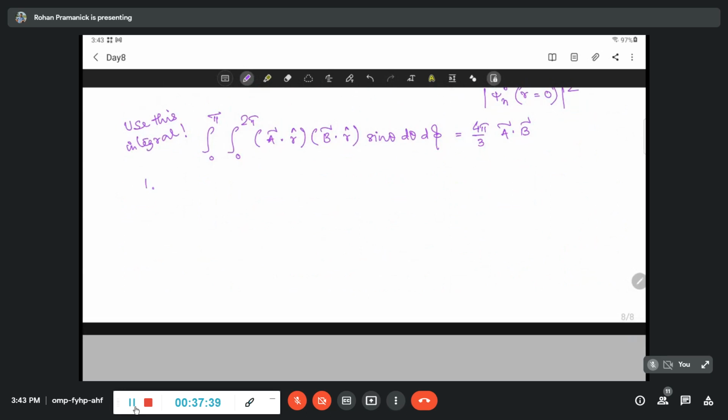This is very simple. Let's say you write a as a1 i cap plus a2 j cap plus a3 k cap, and then you also write down what r is in terms of this: sine theta cos phi i cap plus sine theta sine phi j cap plus cos theta k cap.